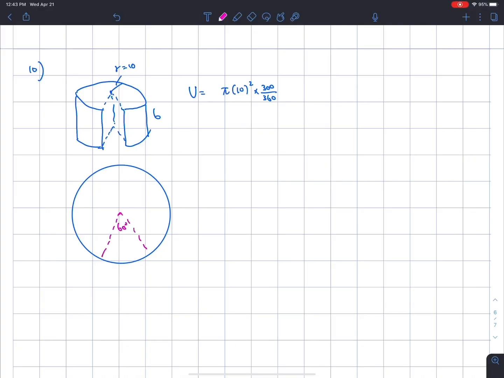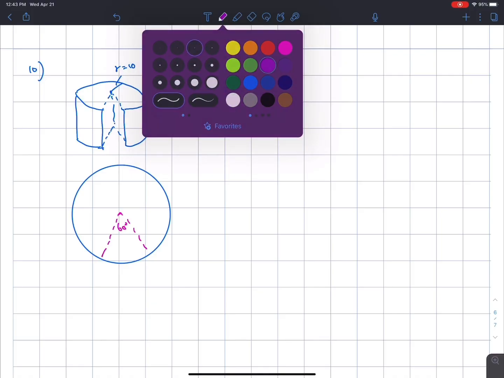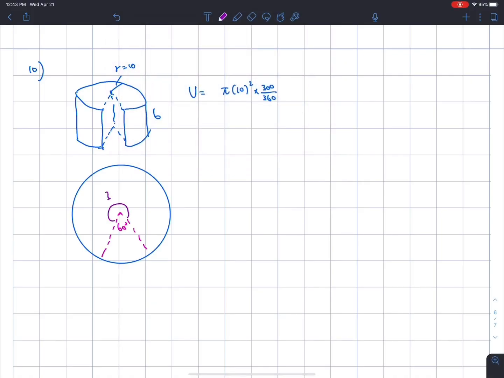If this is 60, then the remaining part is 300. This is why I still have 300 degrees left out of the 360. So this is why I multiply pi r squared by that to calculate the base area here. And then times the height, which is 6.